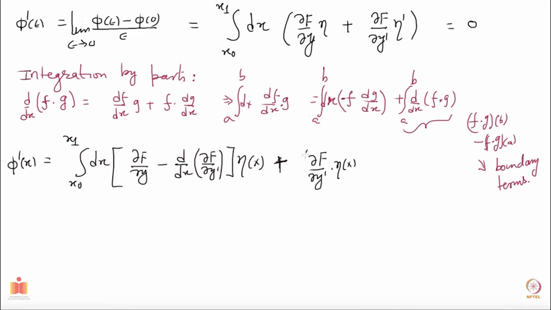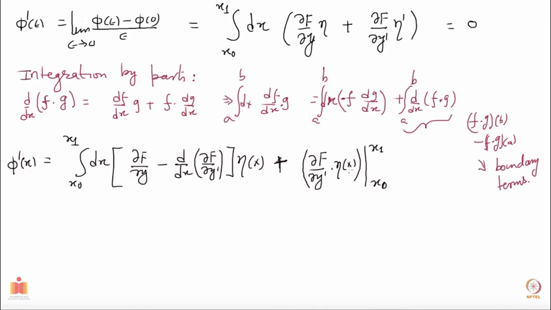Okay, and you have to evaluate at the boundary, so it will be evaluated at x1 and subtracted at x0. Okay, so that's what you will get. Okay, let's see whether I missed something or not. Okay, fine, looks good. Okay, very good, nothing has been missed.